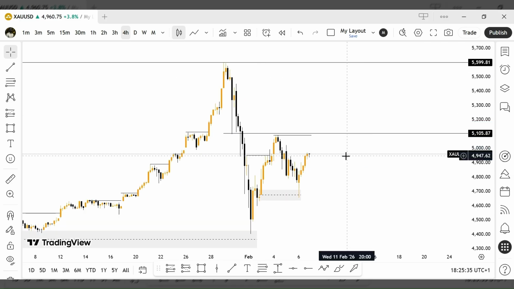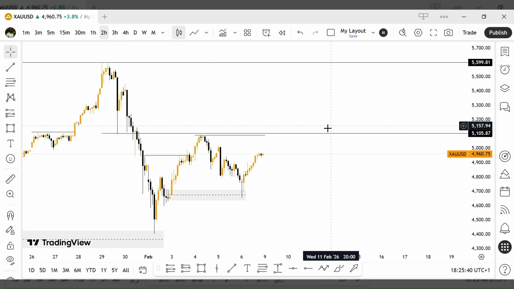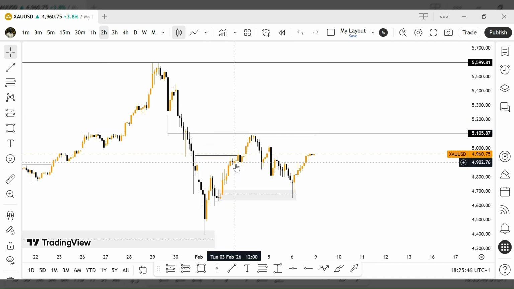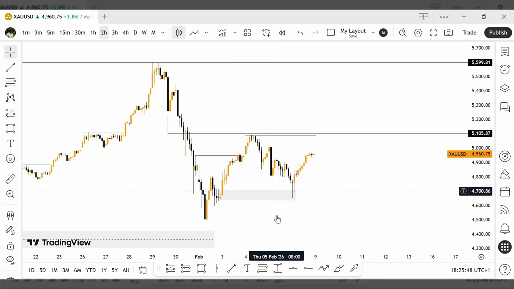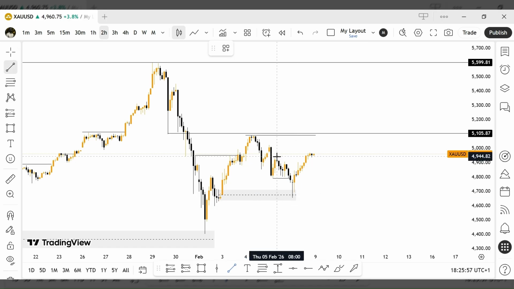Let's go to a lower time frame of 2 hours. So on the 2 hours, we can see the market is bullish, right? We had the last break of structure on the 2 hour. This is the last break of structure before market taps into this order block. We had a structure shift, right?